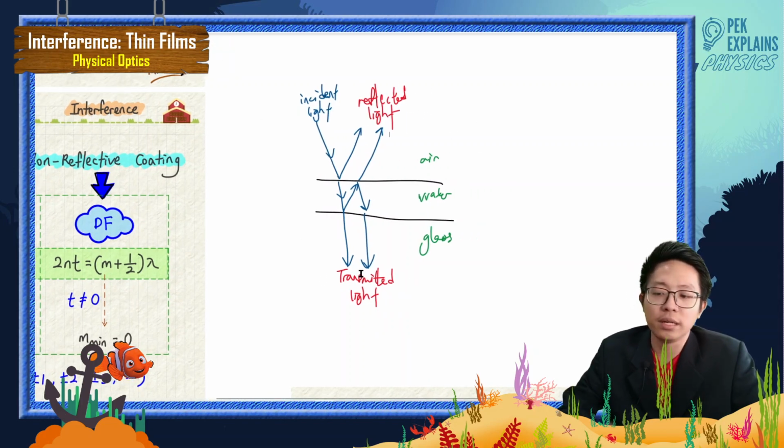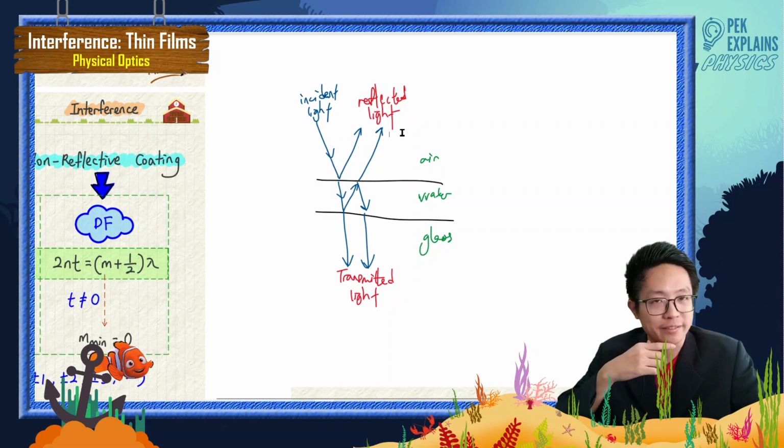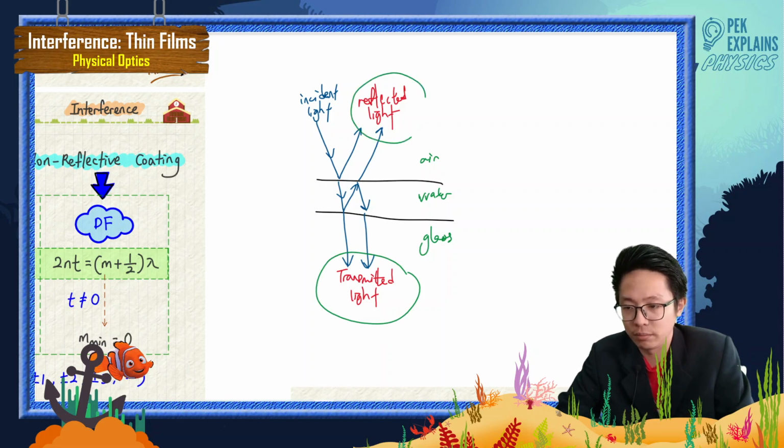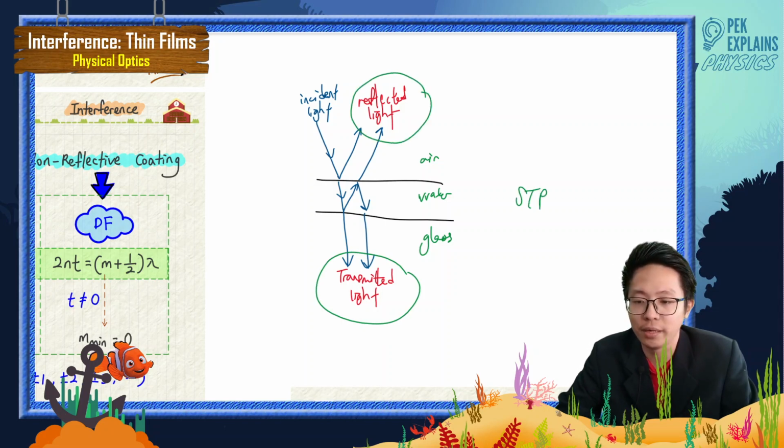But we don't learn about the transmitted light. We only learn about reflected light. For STPM level, the students will learn both of these. But for matriculation level, you don't need to bother about this transmitted light.